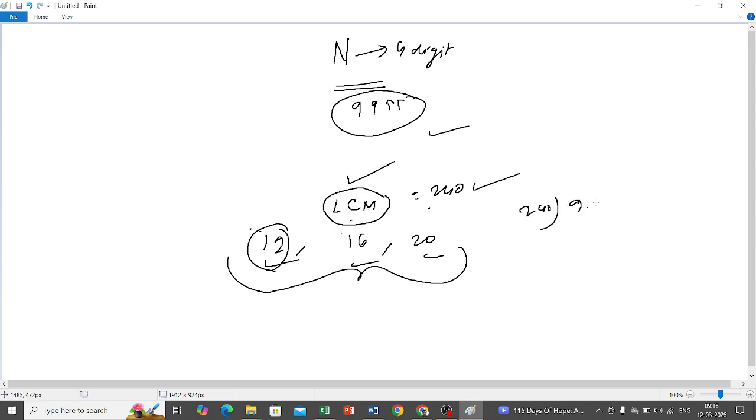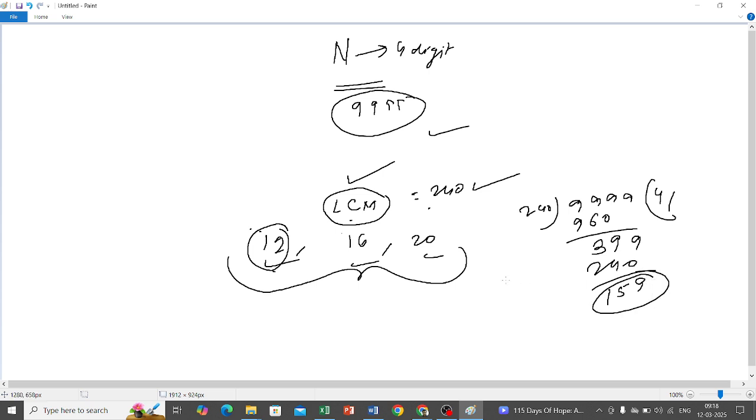So it goes like this. Now this remainder is 159. Now subtract this from 9999, so we get 9840.